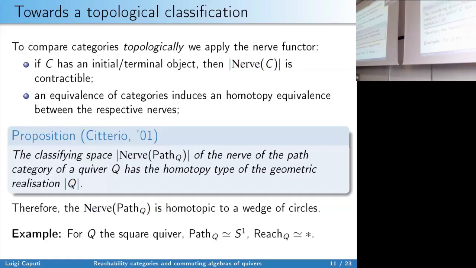And to go back to the same quiver, the square quiver of before, for example, the path category, the free category associated to the quiver, has the homotopy type of S1, whereas the reachability category associated to it is contractible. So it has the homotopy type of just one point. So they can't be equivalent because we said that the nerve preserves the equivalences.